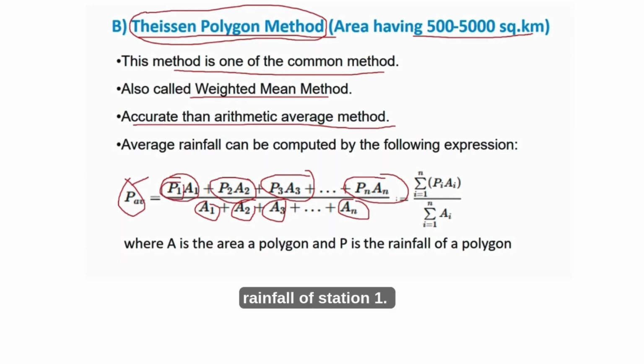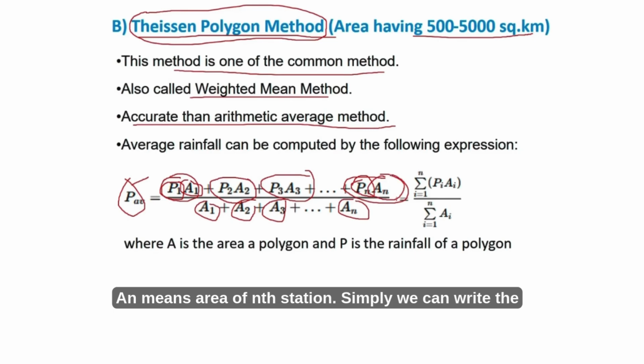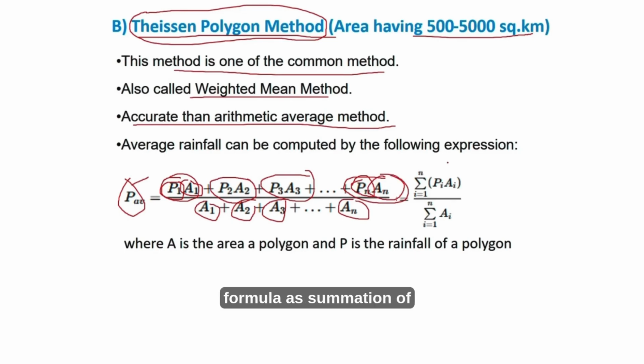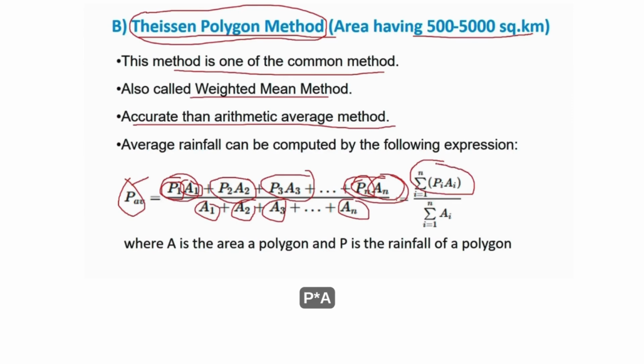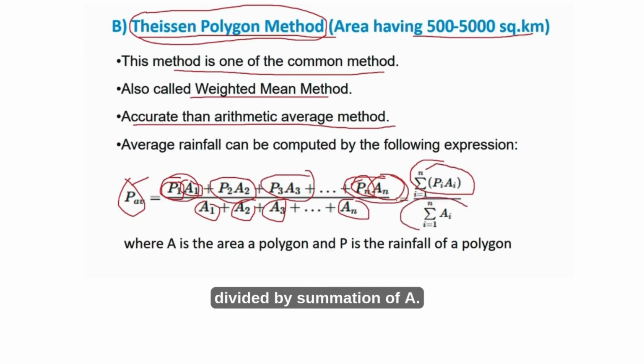P1 means rainfall of station 1, A1 means area of station 1, and so on. And Pn means rainfall of nth station, An means area of nth station. Simply, we can write the formula as summation of P into A divided by summation of A.